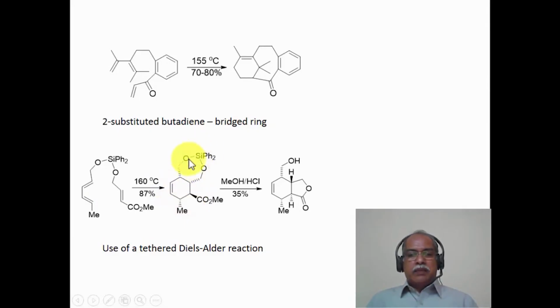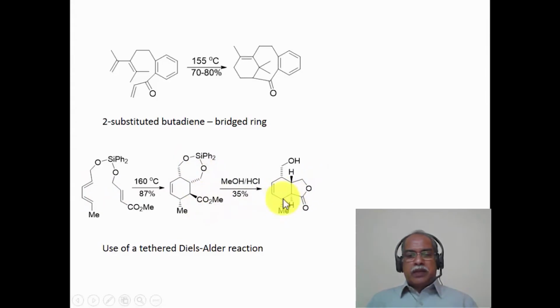From this, the silicon can be cleaved off by acid catalyzed hydrolysis of this particular lactol kind of derivative that you have here. So the hydrolysis essentially leads to the formation of the dialcohol. Under acidic conditions, the esterification takes place in this particular case.